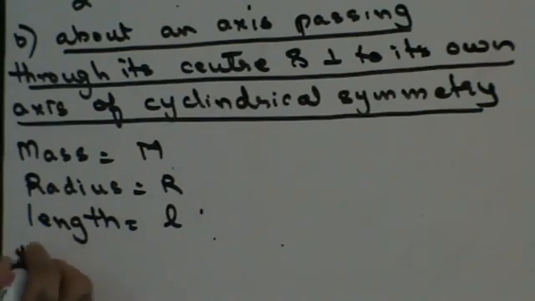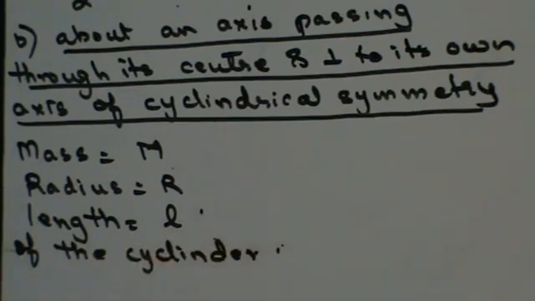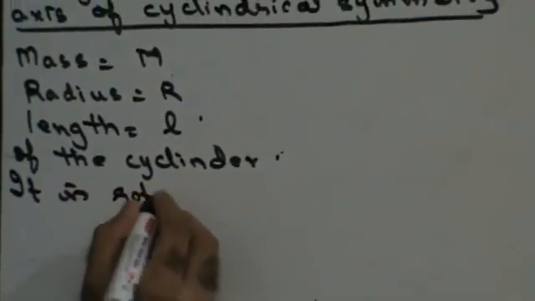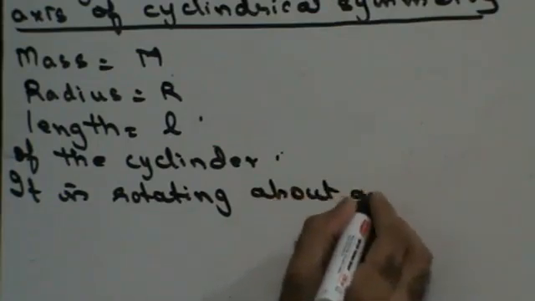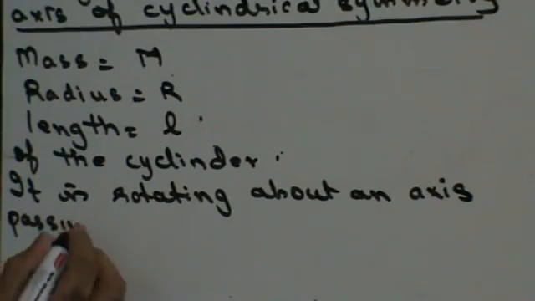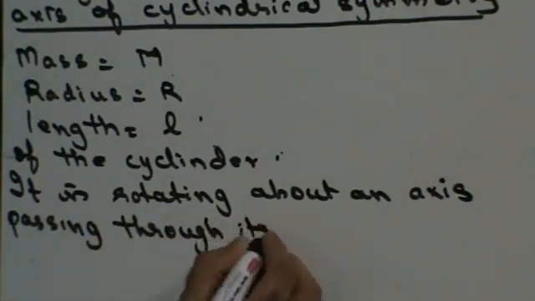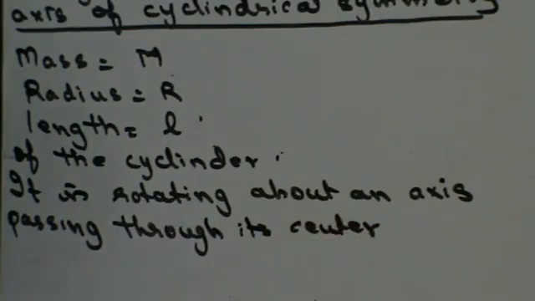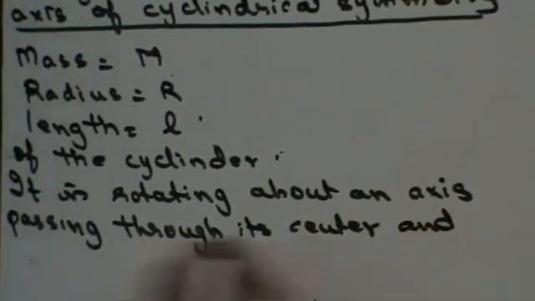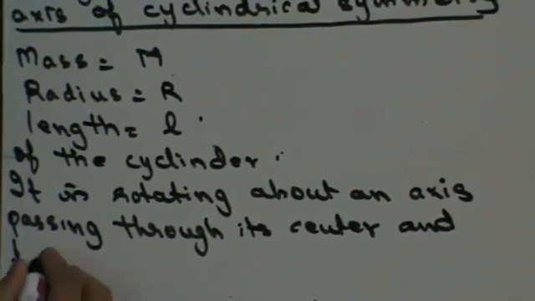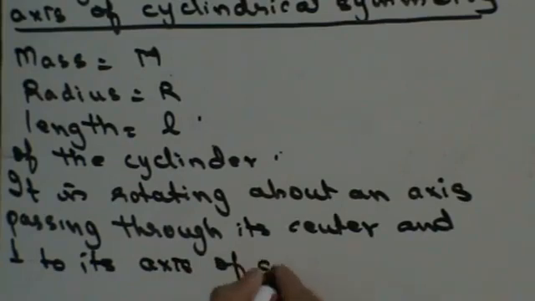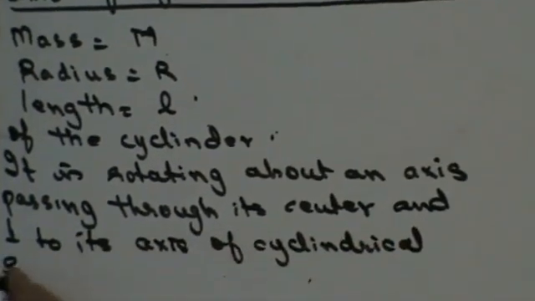So m is the mass, r is the radius, l is the length of the cylinder, and it is rotating about an axis passing through its center and perpendicular to its axis of cylindrical symmetry.